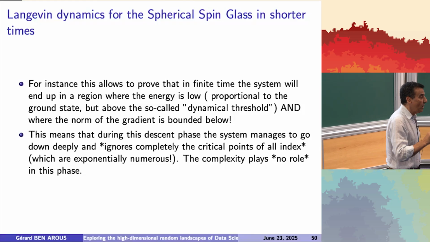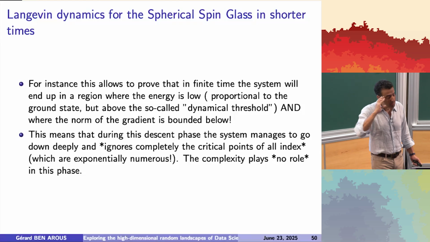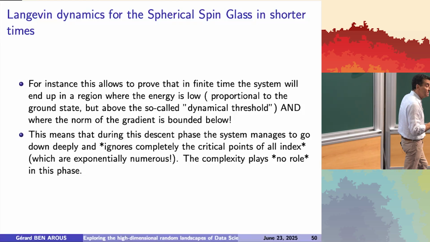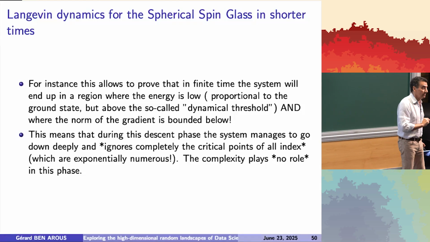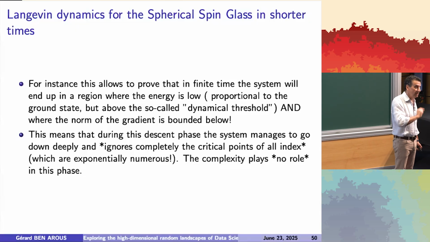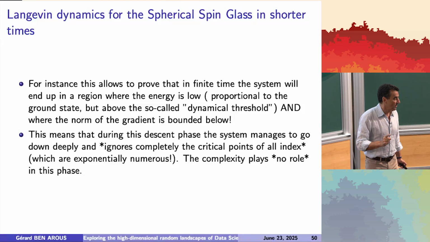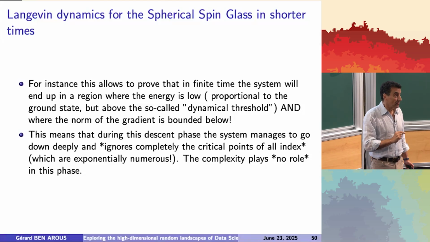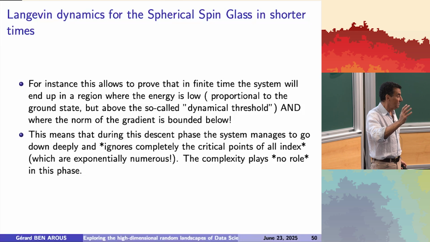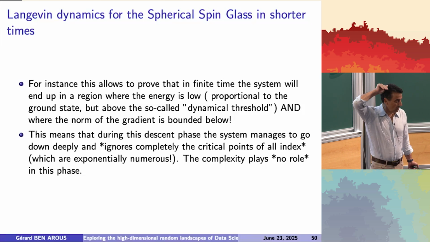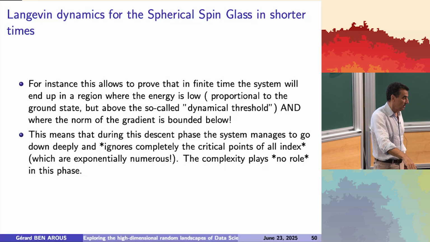So the real problem is, why do you not have to think about exiting those wells, even though they exist? It's just because you don't find them. It's hard to find them, and once you find them, it's hard to get out of them. Okay? And you do find them, of course, but in much longer time scales. In the short time scales, you just go zoom down, okay?